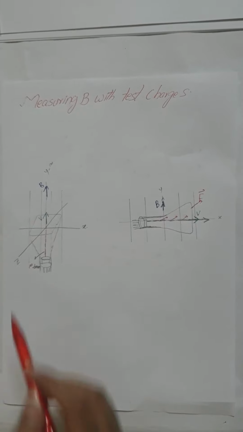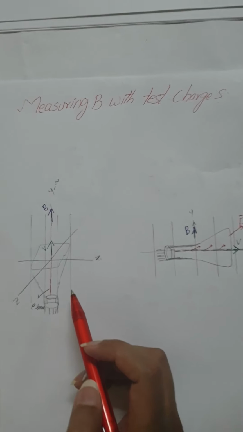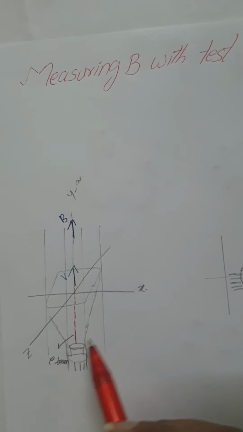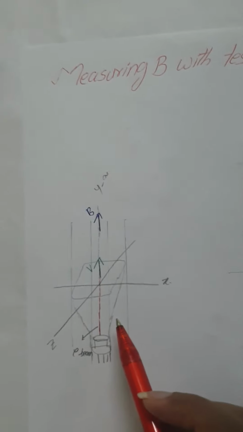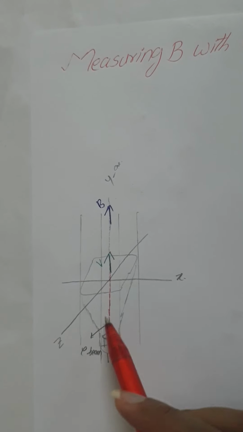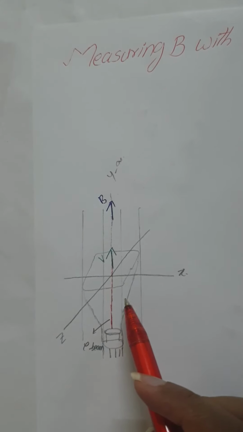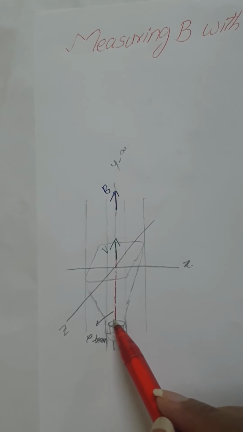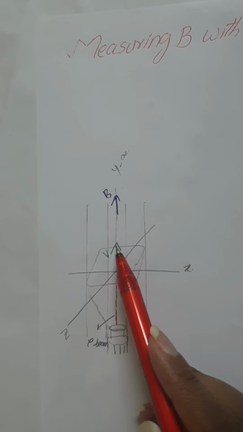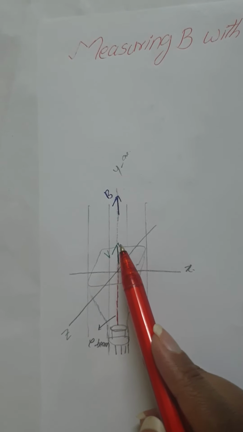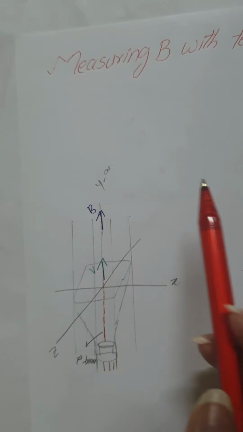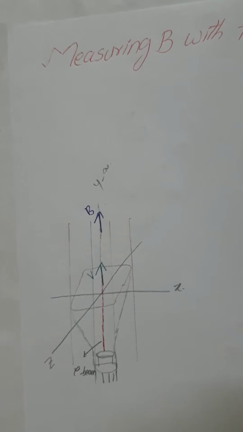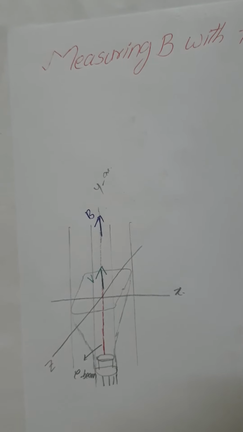Let's suppose the electron beam in a cathode ray tube, such as the CRT used in televisions, which is a convenient device for such measurements. The electron gun in the CRT shoots out a narrow beam of electrons at a known speed. If there is no force to deflect the beam, it strikes the center of the screen. If a magnetic field is present, then the electron beam is deflected.